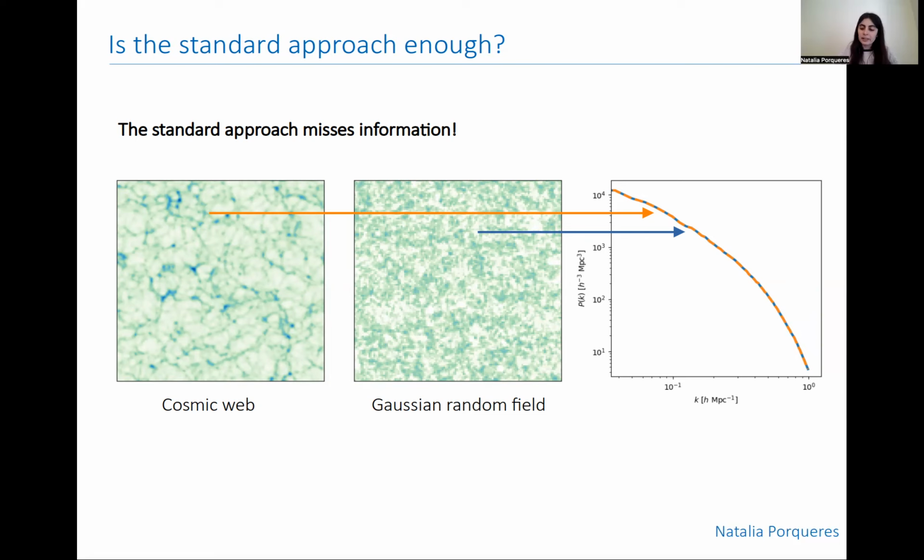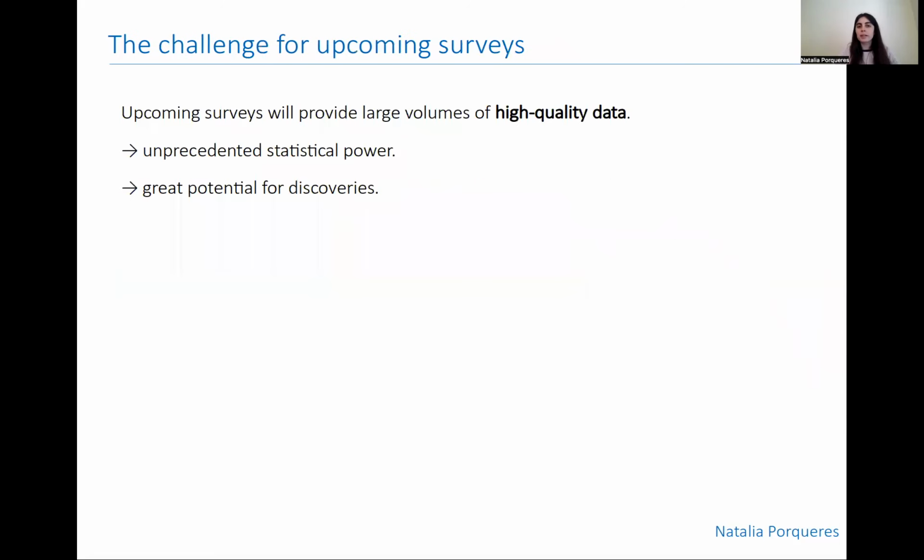In the near future, we are looking at a very bright future because we are going to have very high quality data. The upcoming surveys are going to provide huge volumes of data with very, very high quality. This is great because this new data will have unprecedented statistical power and much smaller error bars. And that means we are going to be able to get a better understanding of dark matter and dark energy.